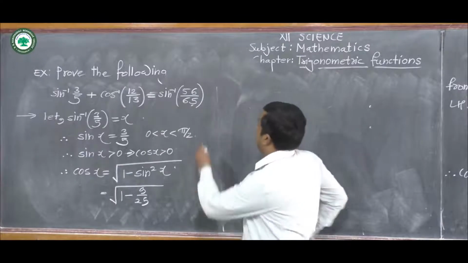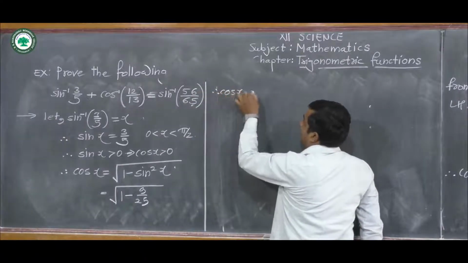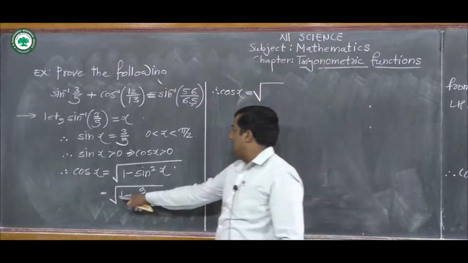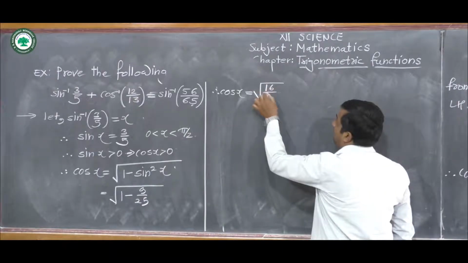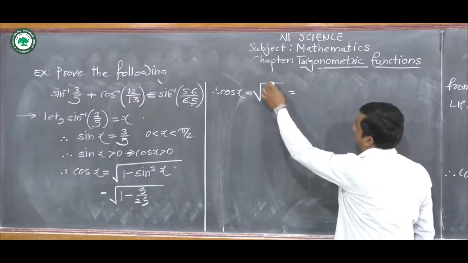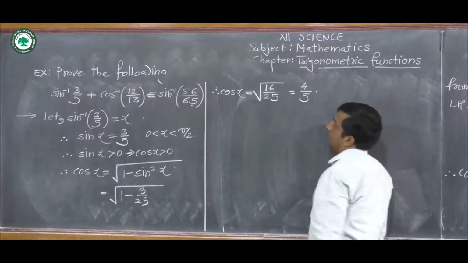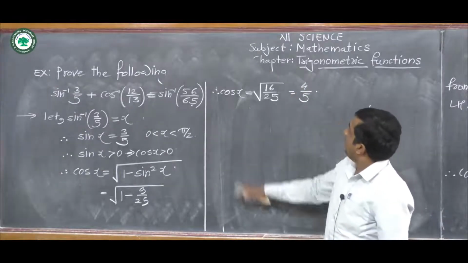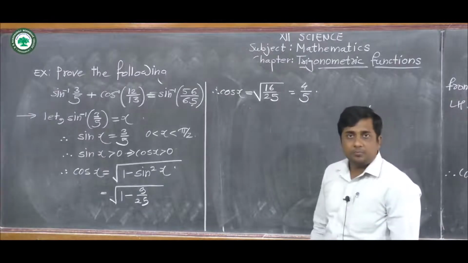Then cos x is equal to the square root of 1 minus 9 by 25, which is 16 upon 25. The square root of 16 upon 25 is 4 by 5. We consider the positive value, so we get cos x is equal to 4 by 5.